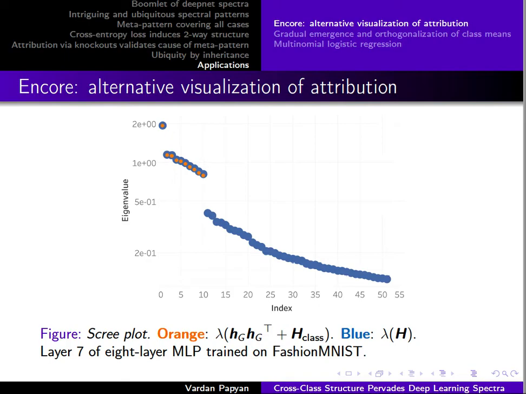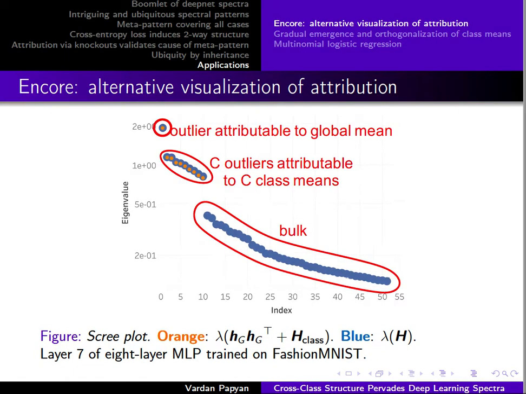And in blue, you can see the eigenvalues of the second moment of the features, which again show a bulk, an outlier which is bigger than the rest, and C-1 outliers. And at this point, we understand that the top outlier is attributable to the global mean. The C-1 outliers are attributable to the C-class means. And the rest is attributable essentially to the within-class covariance.